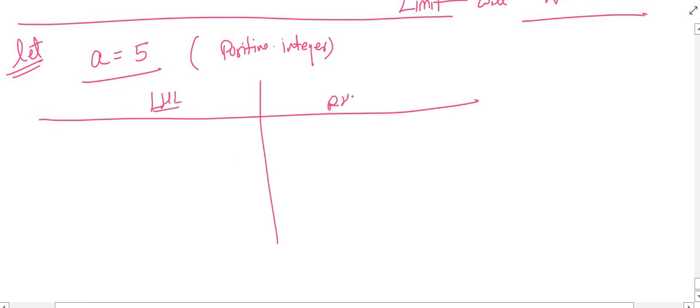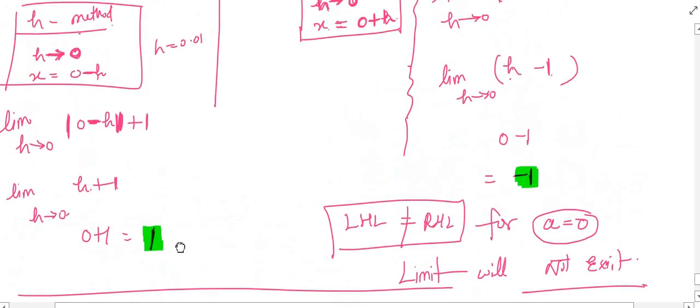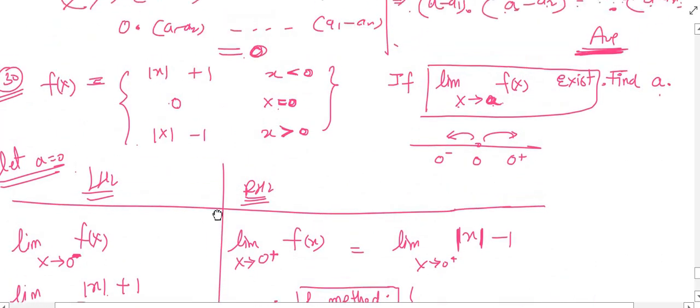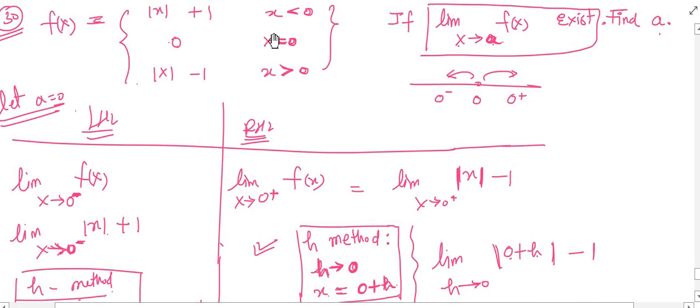LHL and RHL. Limit x is going to 5 minus for LHL and 5 plus, correct? So 5 minus means a little bit less than 5. A little bit less than 5 will be what in this question? Less than 0 or more than 0?